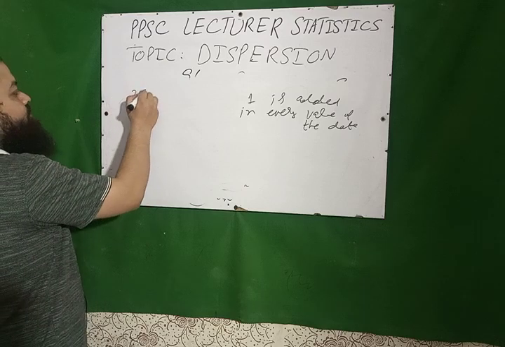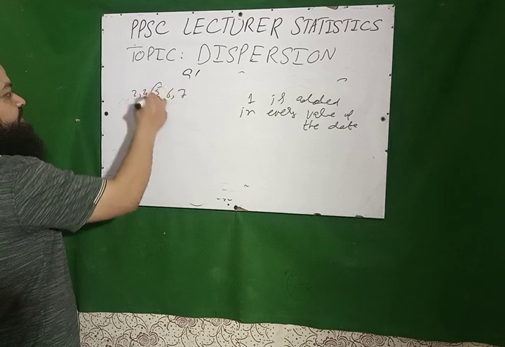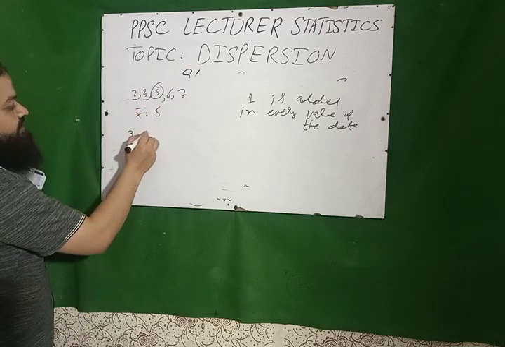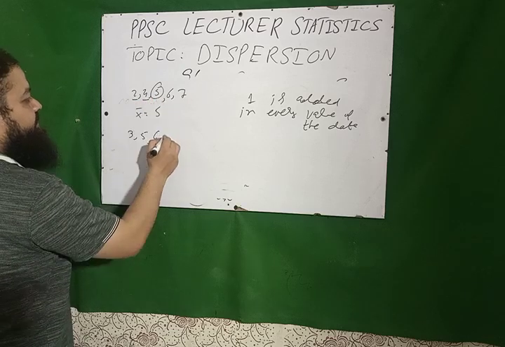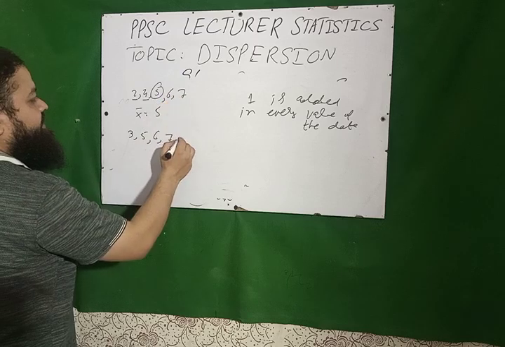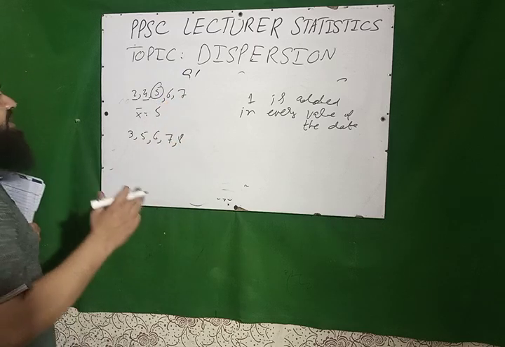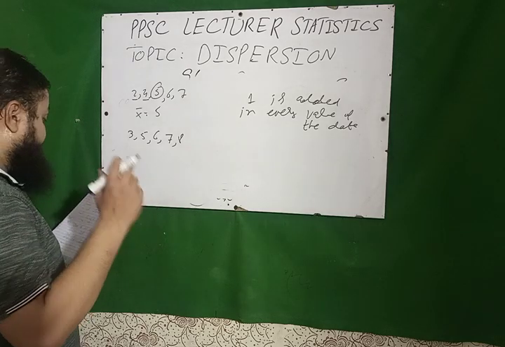The values are 2, 4, 5, 6 and 7. Its mean is 5. If I add 1 to every value, that will be 3, 5, 6, 7 and 8.